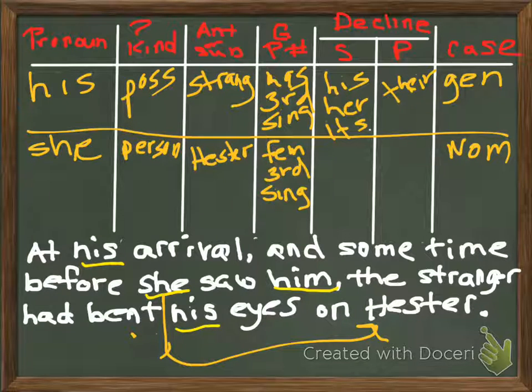And so our declension of personal pronouns in the nominative case would be I, we, oh, but we're doing third person, so let me back up.